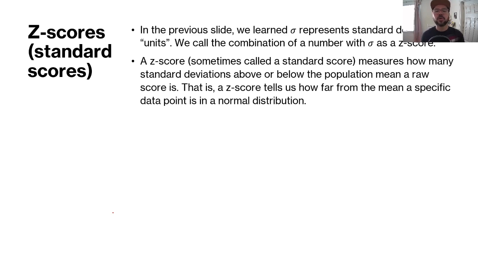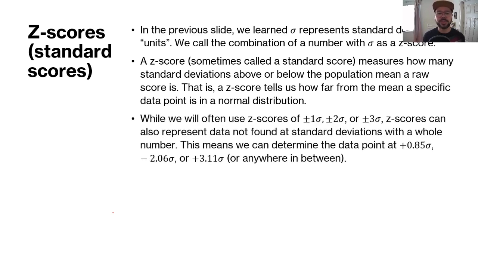Okay, so z-scores allow us to move between those whole numbers, and even the whole numbers themselves are actually representative of z-scores. But it's important to understand that we can find out what's happening at very specific points along this normal distribution.